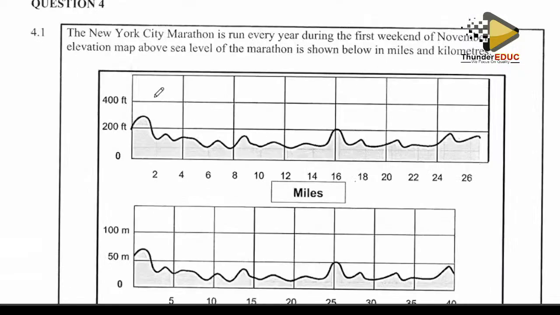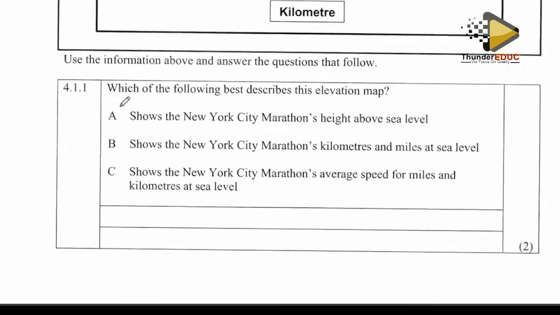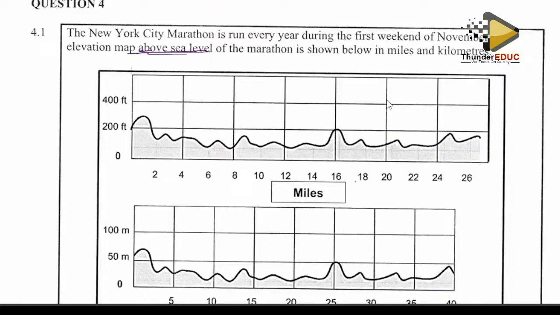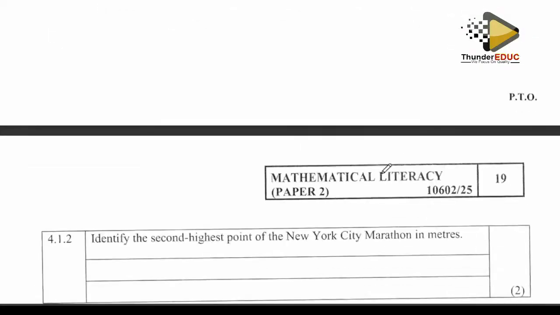The New York City Marathon is every year during the first weekend of November. The elevation map above sea level of the marathon is shown below in miles and kilometers. So they're asking us, which of the following best describes the elevation map? A, elevation map, height above sea level, meaning elevation map above sea level. This is what we are looking at. Okay.